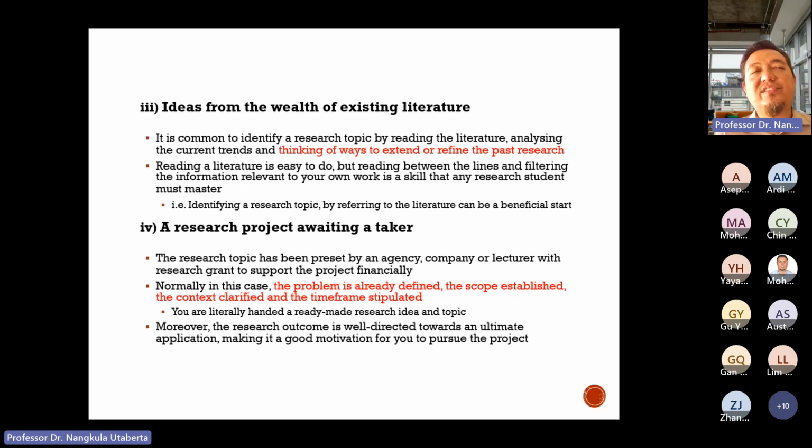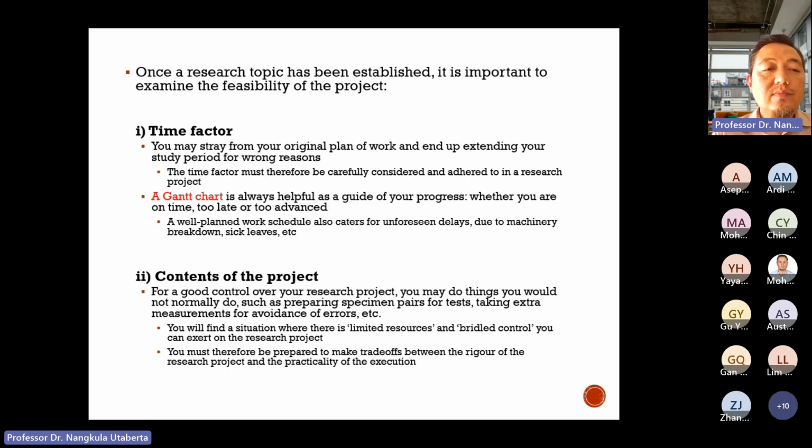So they would like to have this type of course in schools, for example. So those kinds of research projects might wait for takers. Those can be one of the sources for the issues and problems.